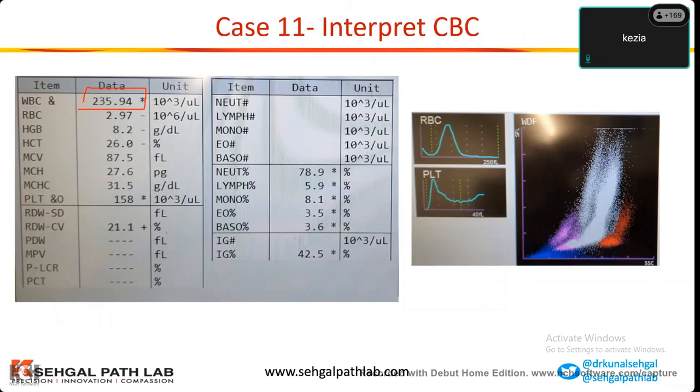And the RBC count is towards the lower side. Hb is 8.2, which is anemic. So the MCV is normal. The MCH is also normal. Okay. So when you look at this, there is anemia.